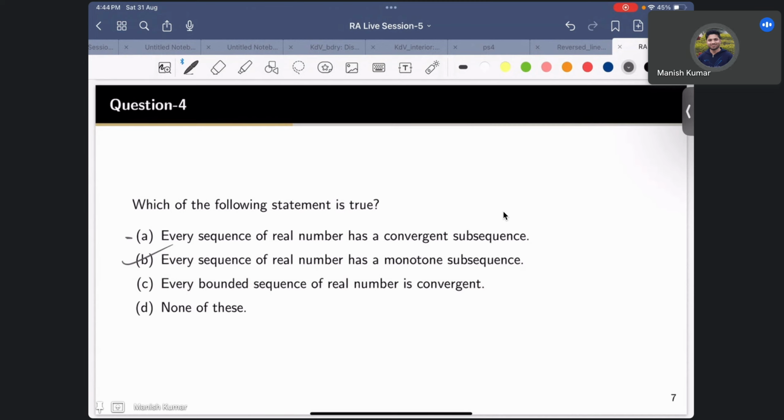Still didn't get any answer. Okay, look at this sequence n. This is a sequence of real numbers. It has no convergent subsequence, right?